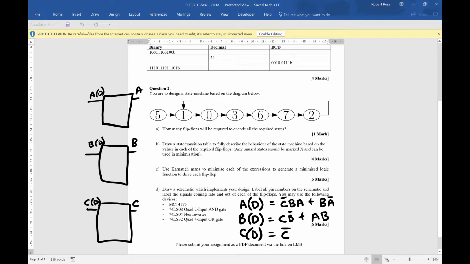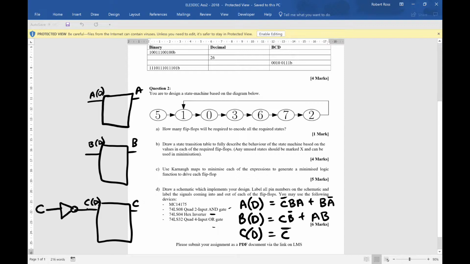Okay, so what have we got? We've got an inverter, we've got a 2-input AND gate, and we've got a 4-input OR gate. We can just draw our inverter is the easiest one. Okay, so C is equal to not C, so we invert the signal.